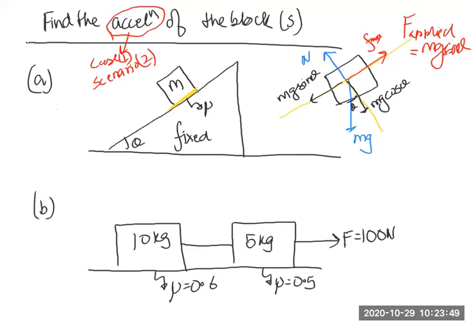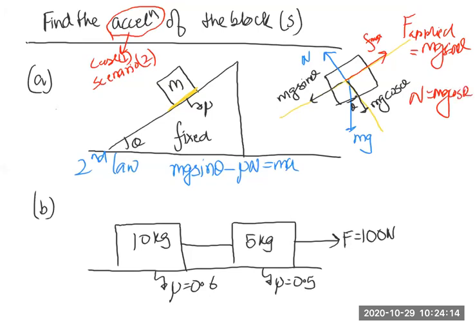Now I can apply the second law, and that is mg sine theta minus f max, which is mu N, must be equal to ma. And here we have also found the value of N, N is equal to mg cosine theta, since there is no motion along the y axis, definitely.